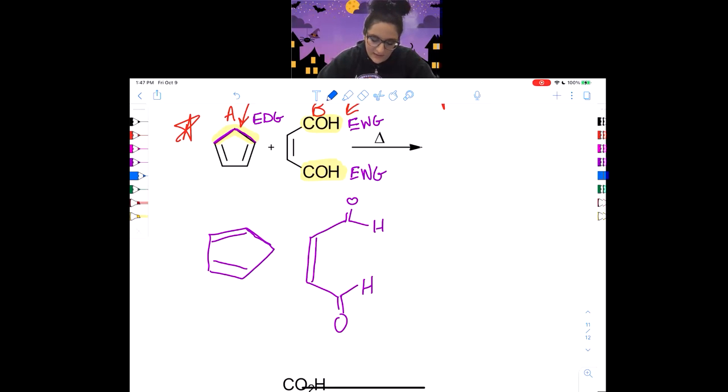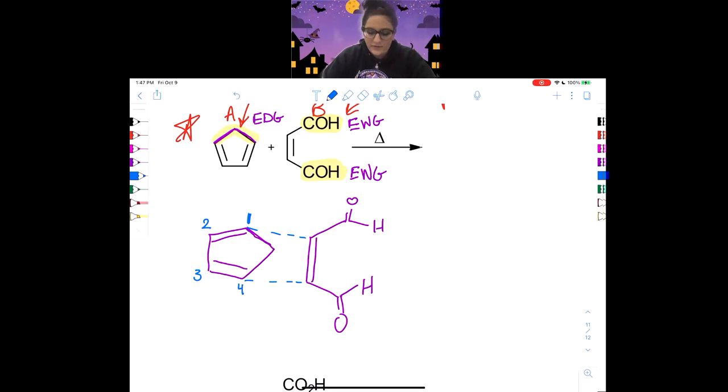And so now we actually move these electrons around. Before you start drawing arrows or anything, I want you to go ahead and connect the diene to the double bond. And I have kind of a cheat way to do that. When you're doing the diene, you're going to number it, starting from one end, 1, 2, 3, 4.